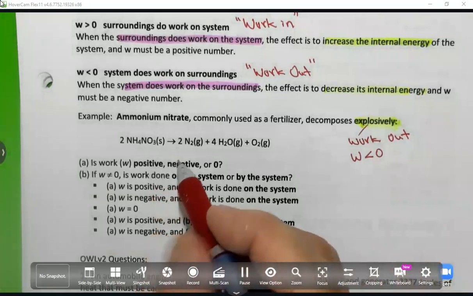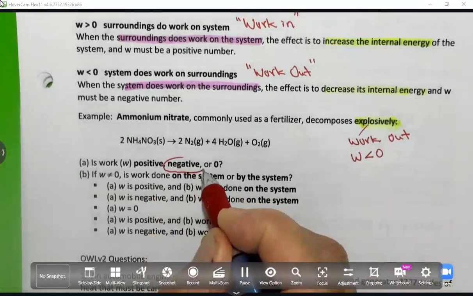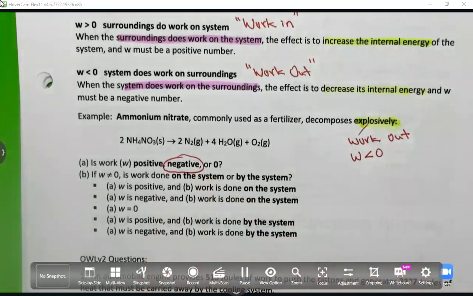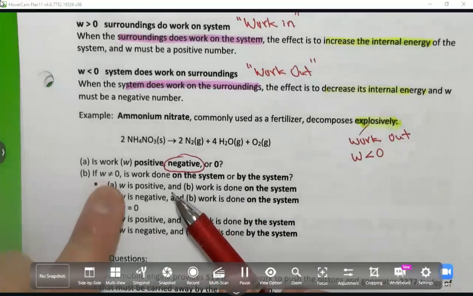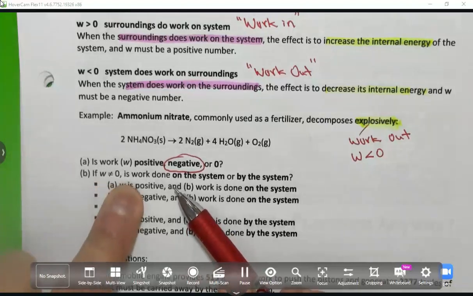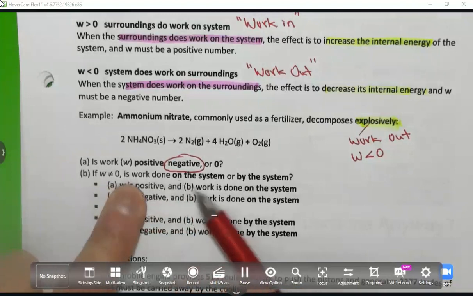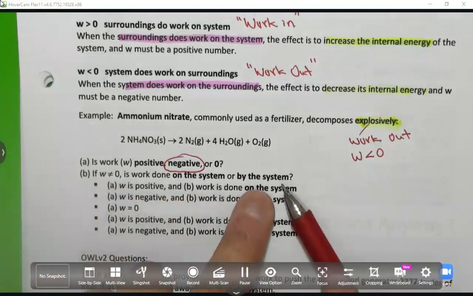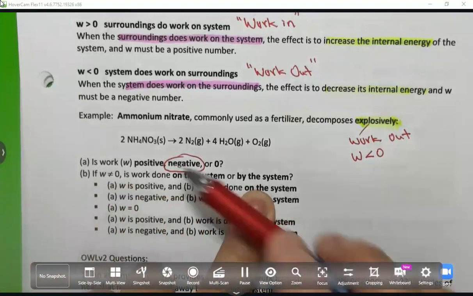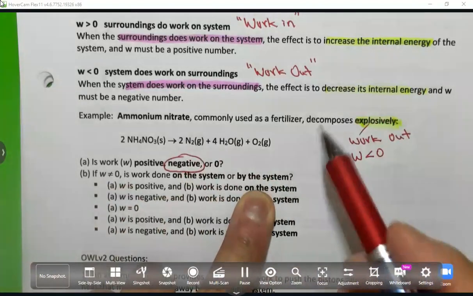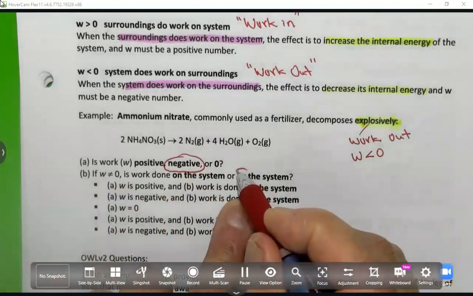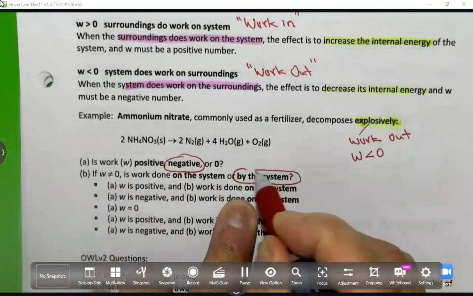Now, is work positive or negative if you get work out? Less than 0, correct? Obviously, we get work out. We could raise that up, we could raise a lot of things up in the air and get work out. So we know that work is negative. If work does not equal 0, is work done on the system or by the system? Well, this is going to explode, so it's going to be by the system.